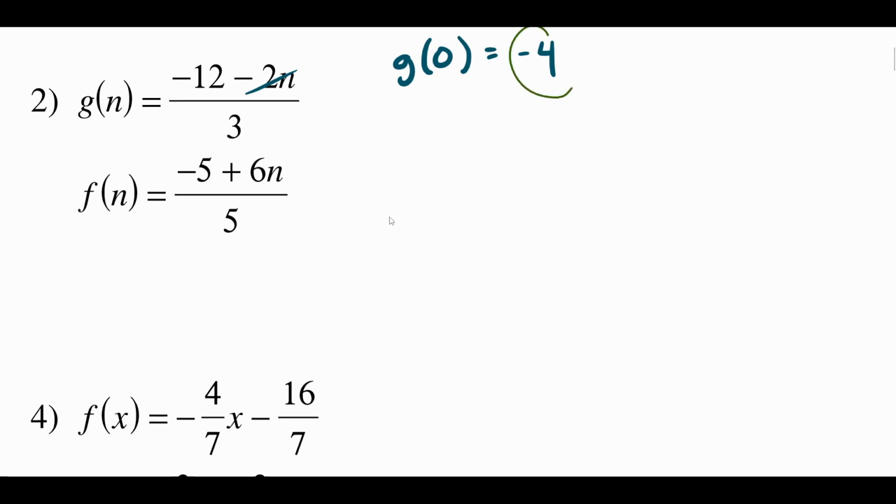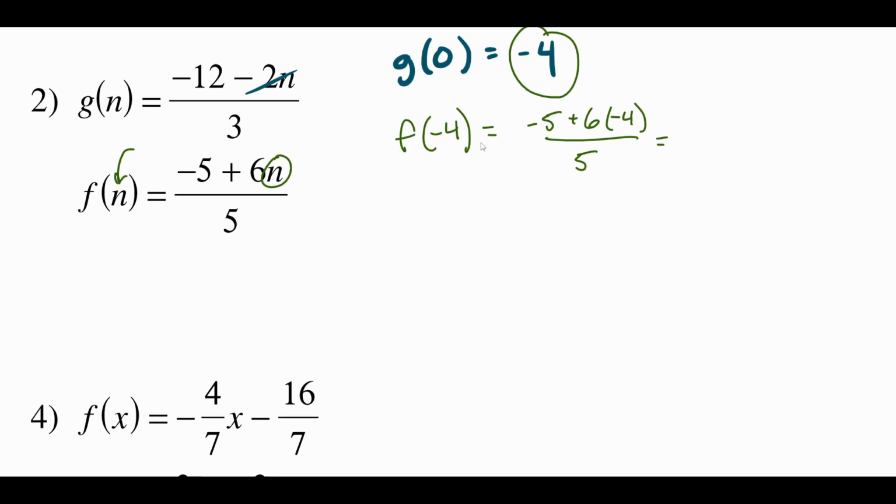I'm going to take this negative 4 and plug it in for n in my new function, f of n. So f of negative 4, what does that equal? If that equals 0, what I originally input into my first function, then I know these are inverses. If it doesn't, well then no, these are not inverses. So f of negative 4, plugging negative 4 in for n, we're going to have negative 5 plus 6 times negative 4 all over 5.